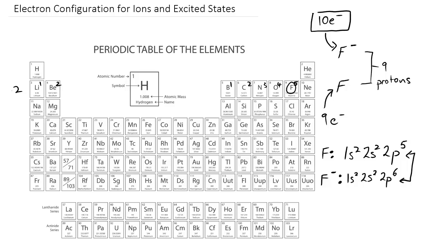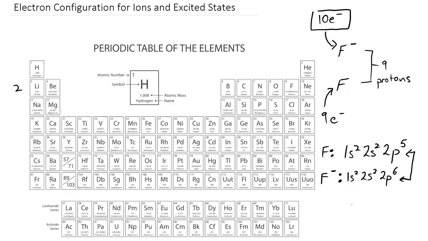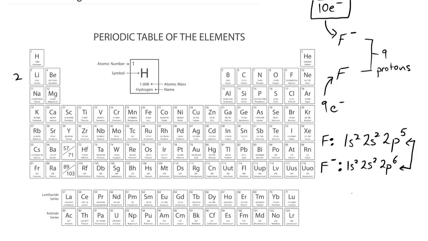Alright, the same goes for if you wanted to look at something like magnesium or calcium. We might have a brief look at calcium, just as an example. We'll have a look at a few more examples in a moment, but calcium can exist in its neutral state as Ca, and in its ionic state.